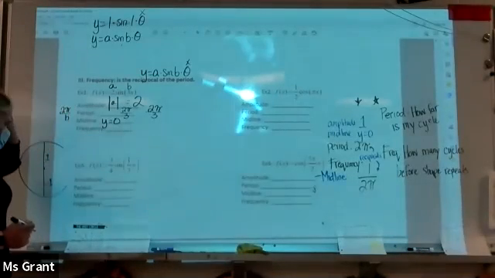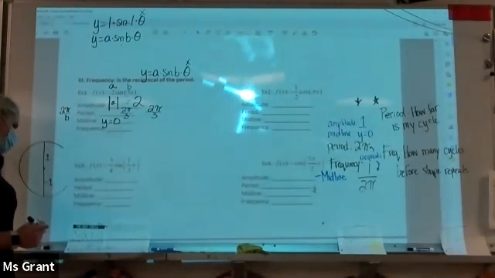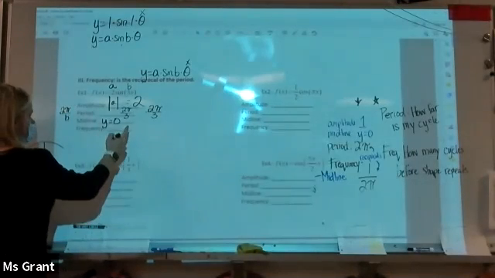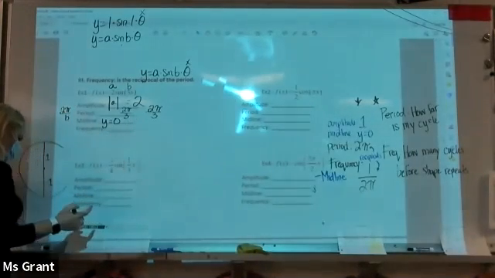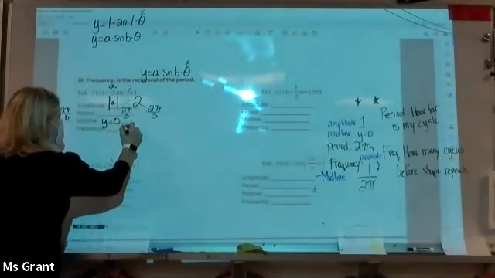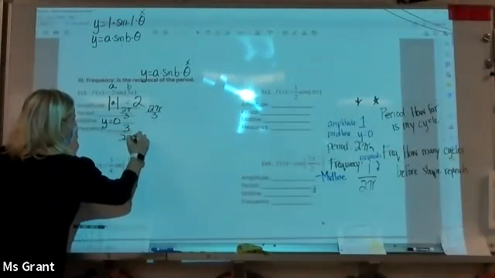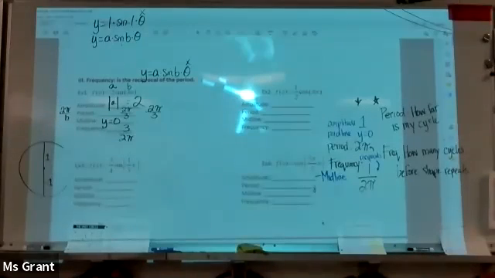Frequency is the reciprocal of my period: 3 over 2 pi. I'm not going to rationalize the denominator, I'm just going to leave it.